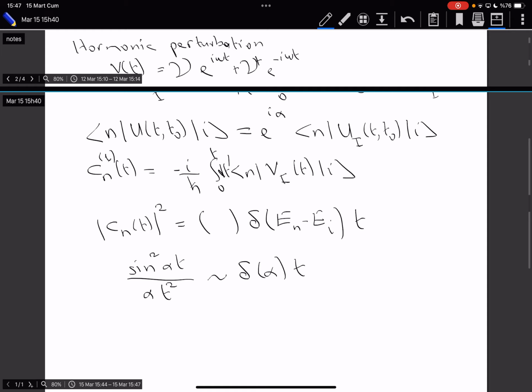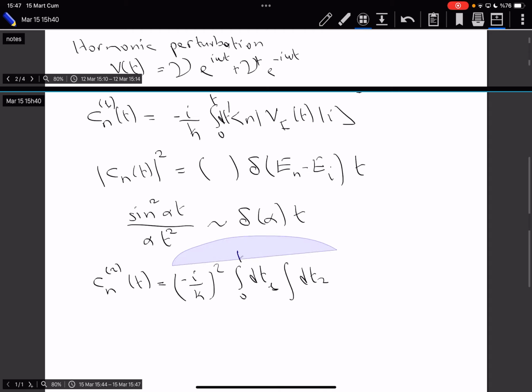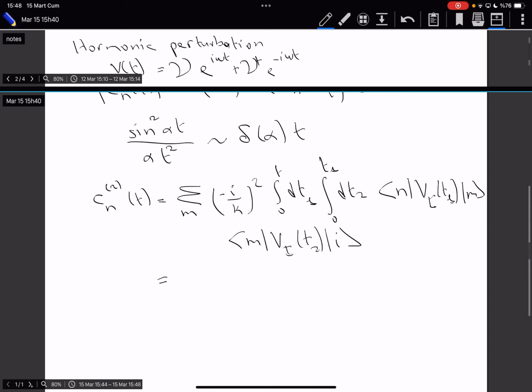Now, the claim in the book is that in the second order perturbation theory, we had minus i over h bar squared, integral over t1, we had inserted a complete set, 0 to t1, and V_I of t1, m, which was equal to, up to certain constants, 0 to t dt1 e to the power i omega.